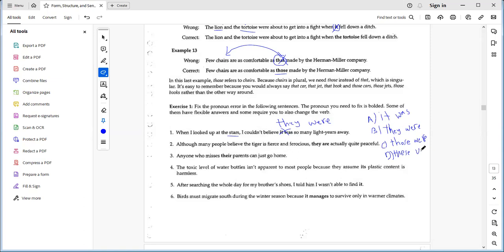You can solve it by one way, whether you're going to look at the verb: was singular, were plural, were plural, were plural. So the answer is going to be it was.